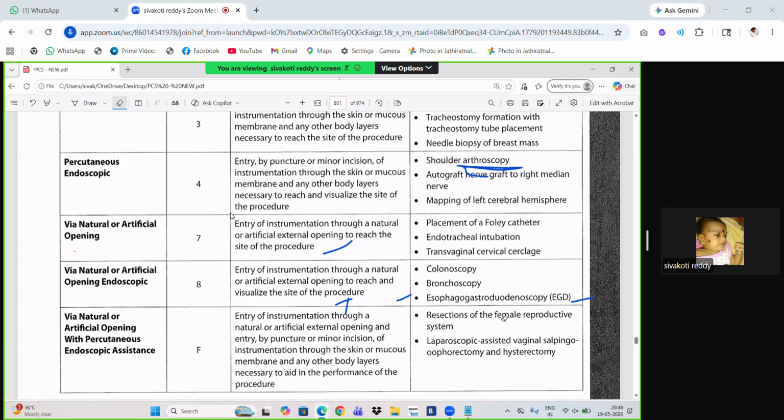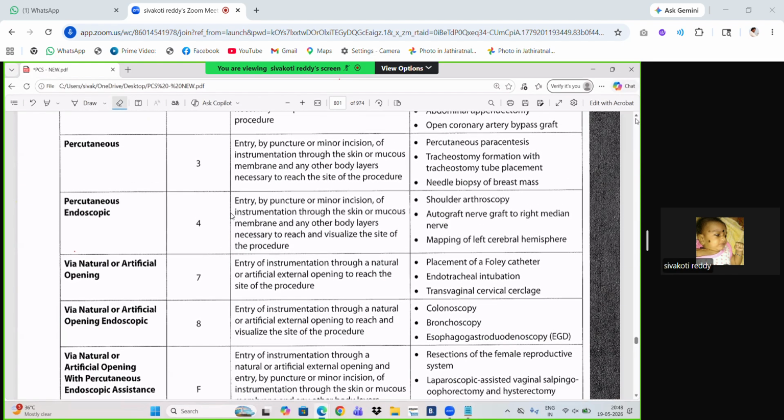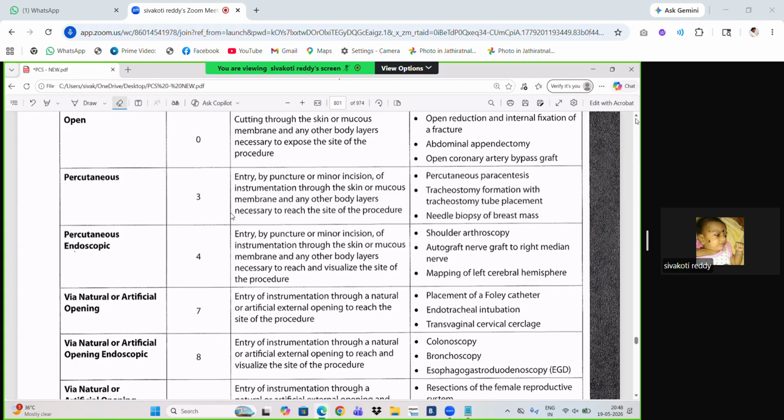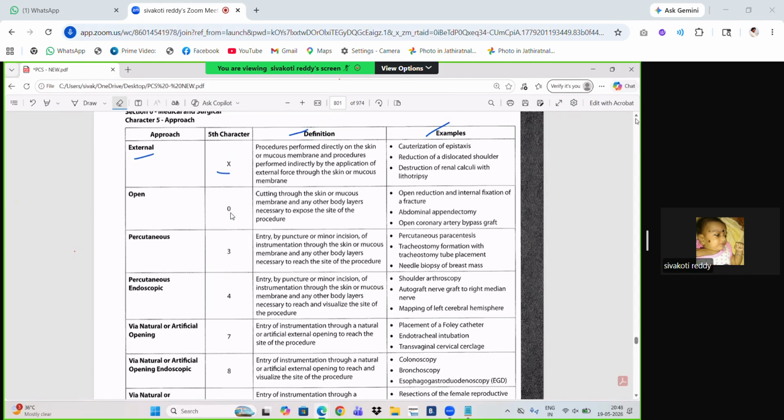Any doubt, guys? Because already you read it. Now again I explained. Now again you can check. Now I will give the mark questions, practice questions. You need to answer the questions.